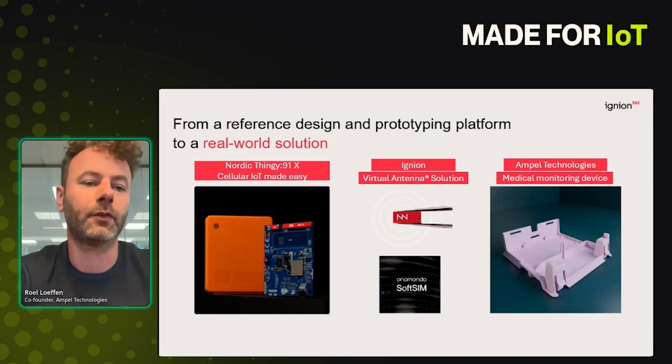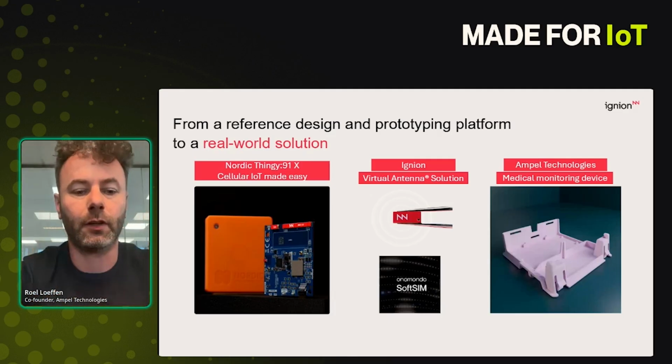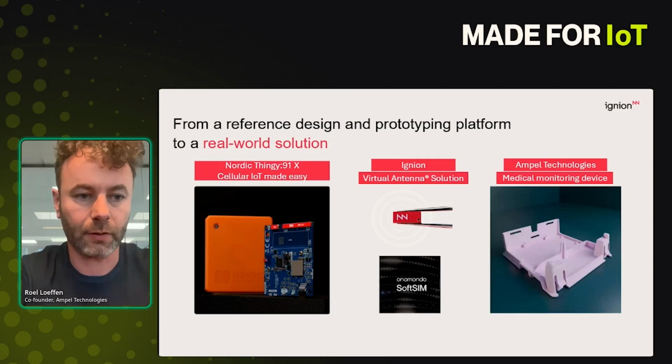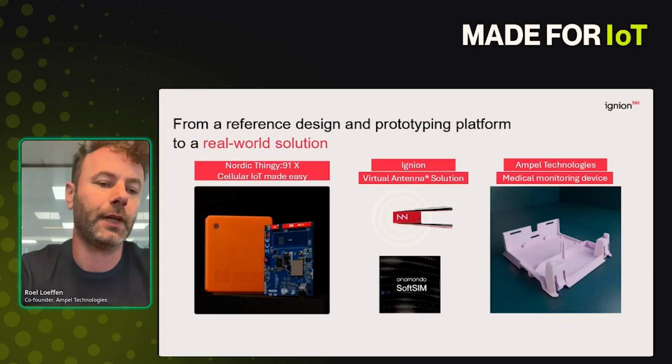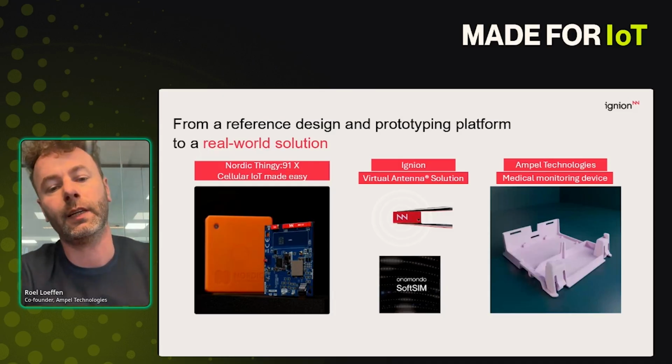This gave us the opportunity to reuse a lot of the existing platform aspects. Also, we got great support from Ignion to get our designs ready, and even validation at their side was possible for the antennas.